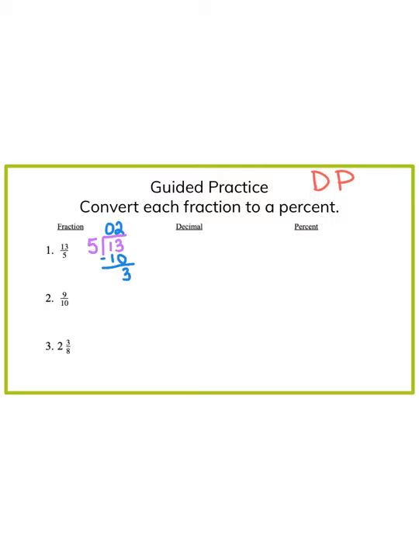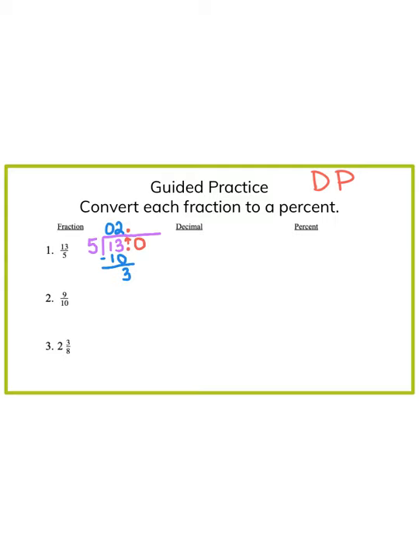So in order to move on, I need to add a decimal point and a 0 to my dividend. I also need to bring my decimal point straight up in my answer, so I do not forget about it.